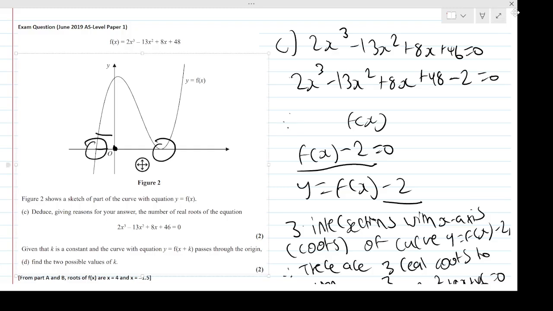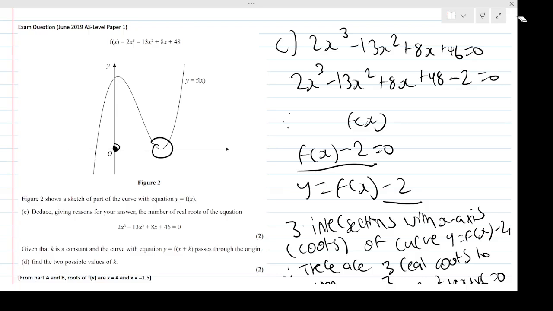So it's going to have to move down there to the left to the origin, okay? So the only way I can get the new curve, by moving the original curve left or right only, to then pass through 0, 0, the origin, is to move these points already on the x-axis to 0, okay?